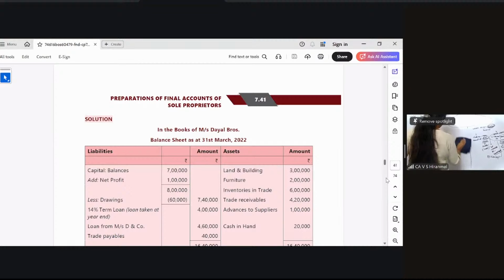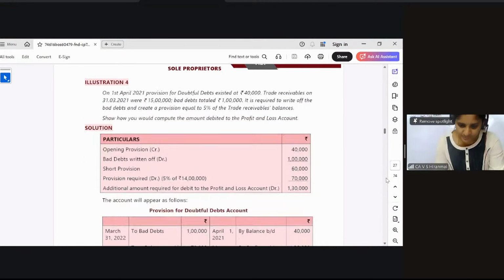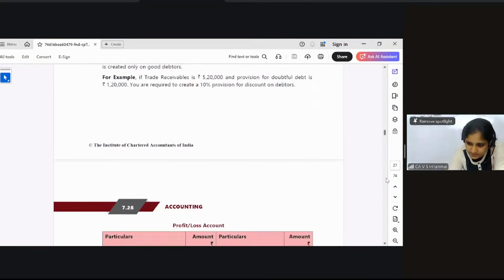So my advice will be, if you know how much place to leave, prepare the trading and P&L account and balance sheet formats in 2 pages, then turn the page and start doing the working notes. See the adjustments, do them one by one, and then it becomes easy for you to fill in.